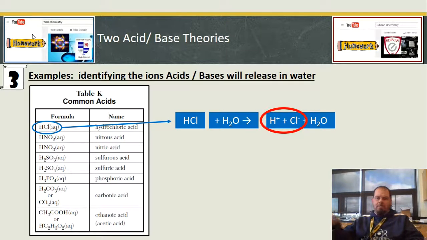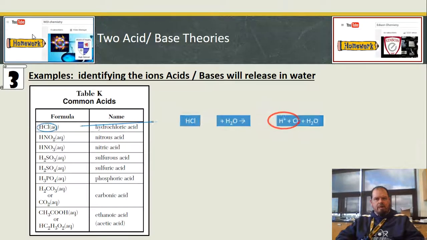Now, I could combine the H2O and the H plus and make that H3O. I could have written H3O plus Cl minus, and that would also work. If you want to write less things, you'll want to write H3O plus. You can write literally less compounds.